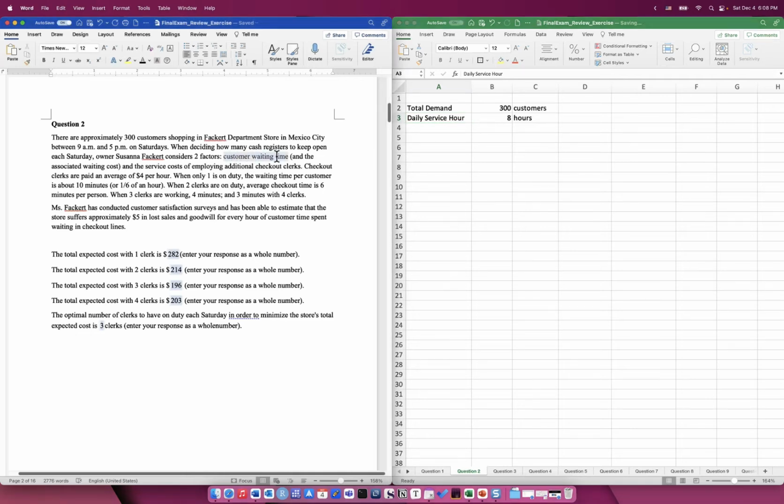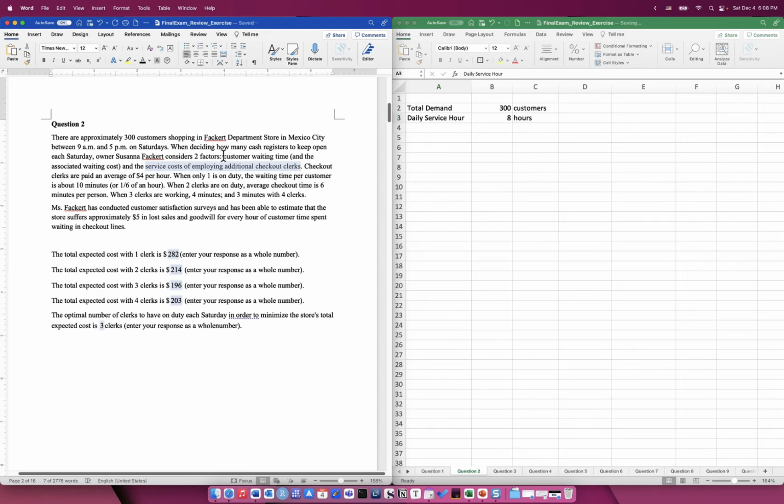Remember during the review week, I mentioned that the total cost from a waiting line system can be categorized into 2 categories. Number 1 is the cost of maintaining the waiting line. It looks like this is the service cost of employees and additional checkout clerks. This is the cost that Susanna will spend to maintain her waiting line.